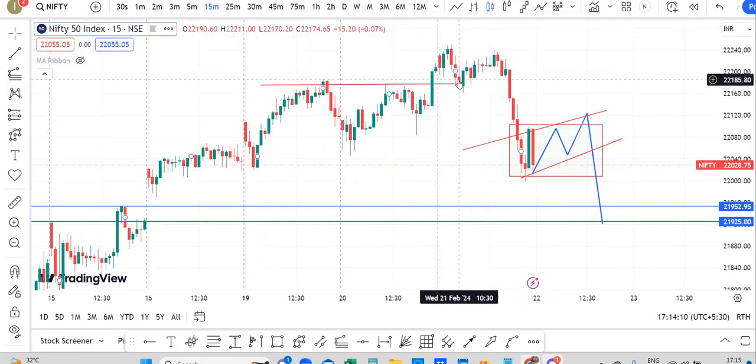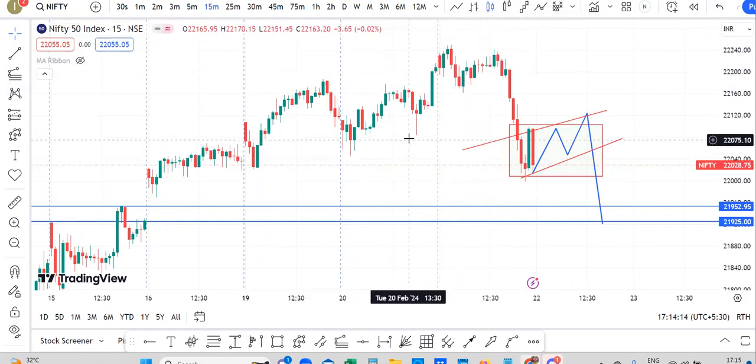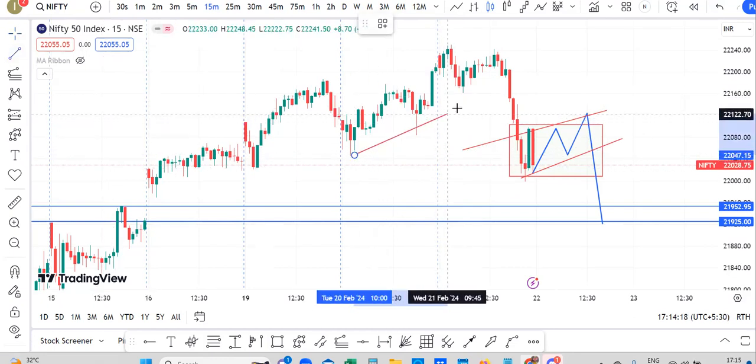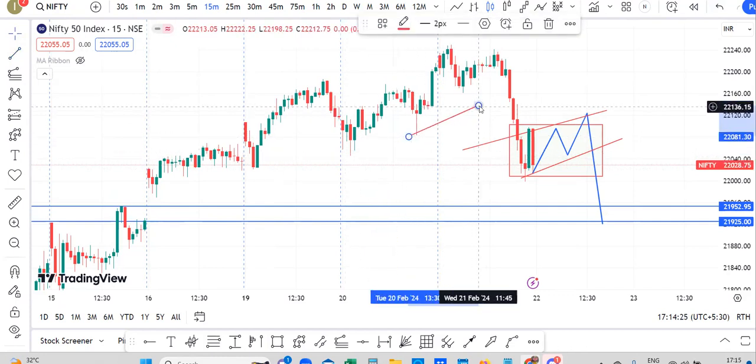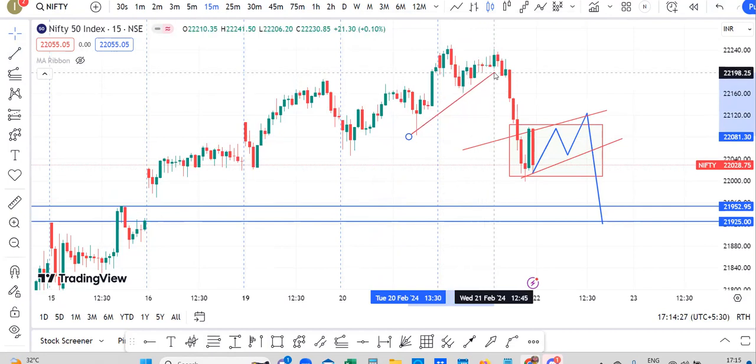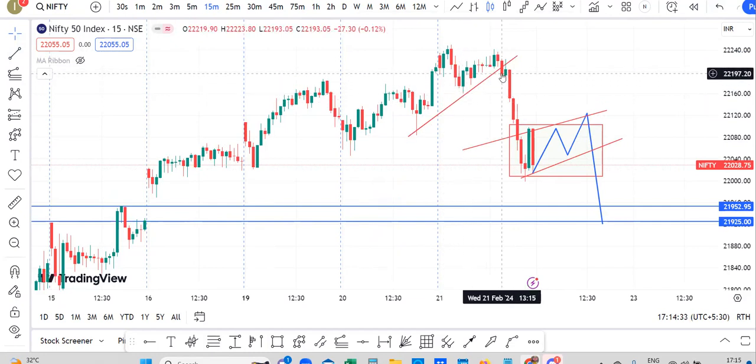simple trend line connecting the higher lows. See, I was able to connect the higher lows. See, this was the higher low. Right? This was a higher low and this was a higher low.